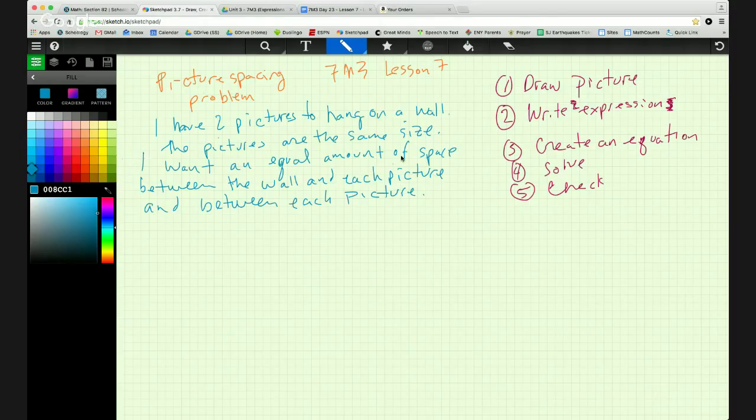So let me start by drawing a picture. This will be step one. So we're going to draw a picture of this wall. Okay, so there's our wall. And now I want to put my pictures in this wall. Let me just draw it like this.